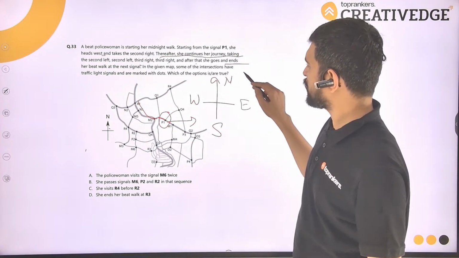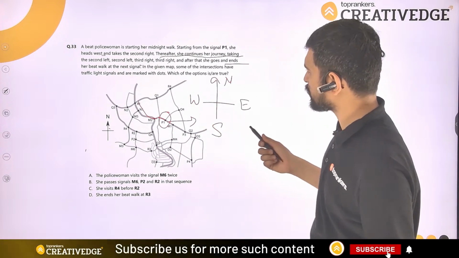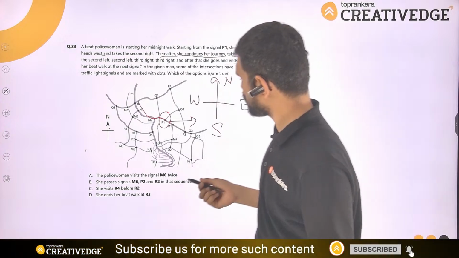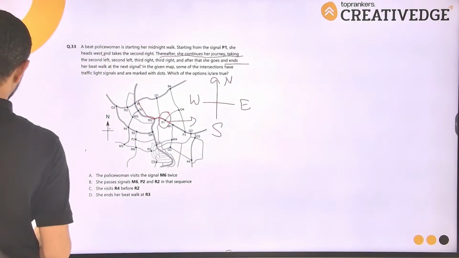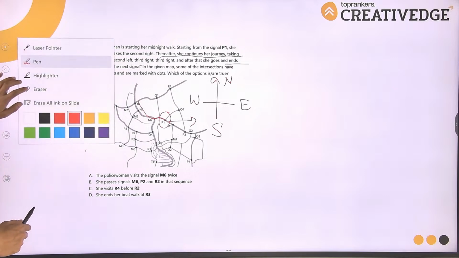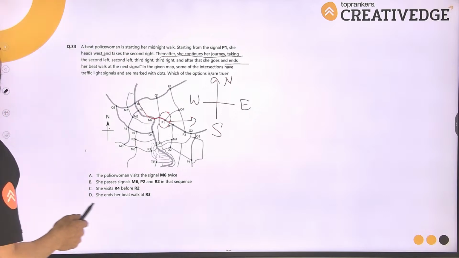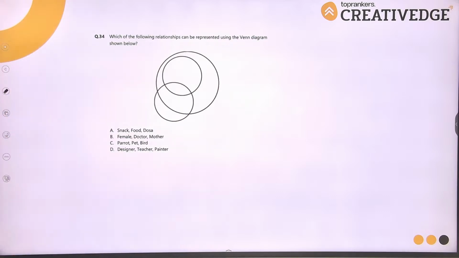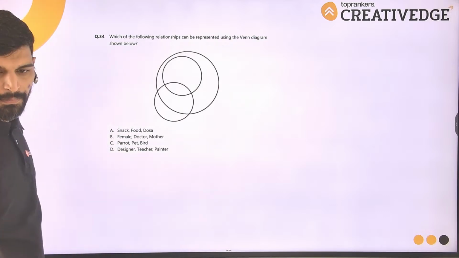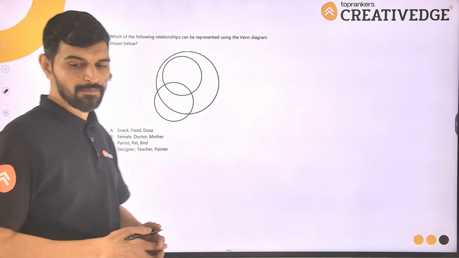In the given map of the intersections of the traffic signals marked with dots, which option is true? So you have to identify which of the options are true as mentioned here. If it is not visible clearly, we can skip this one. Let's come to this one. उसे फिर एक अगली क्लास में, अगले सेशन में हम कवर कर लेंगे. Fine.